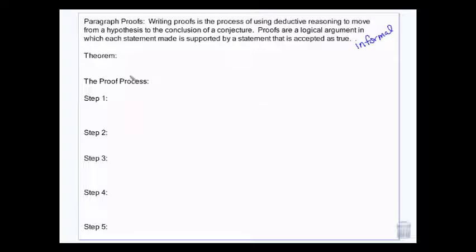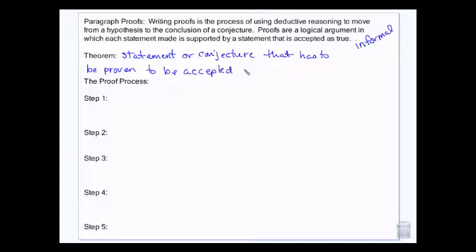Okay. A theorem is a statement or conjecture that has to be proven. Okay, so before when I said my postulate is I'm a human, and you all accept that as true, I'm human.